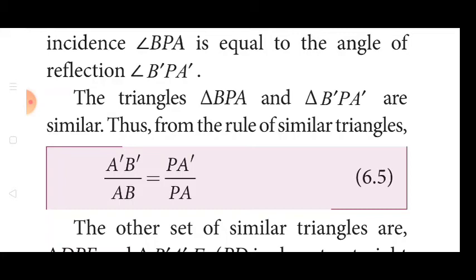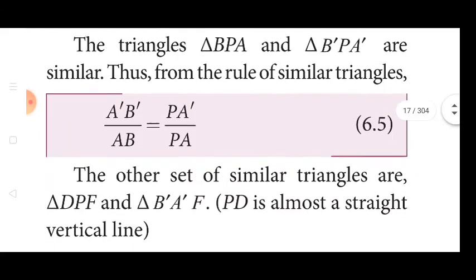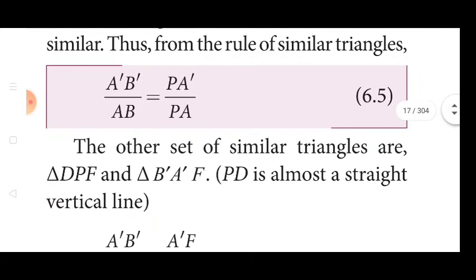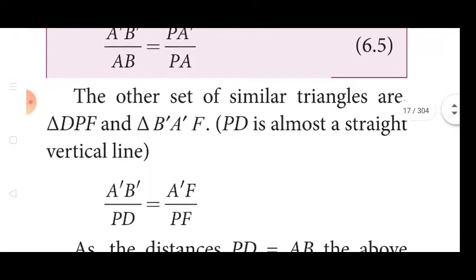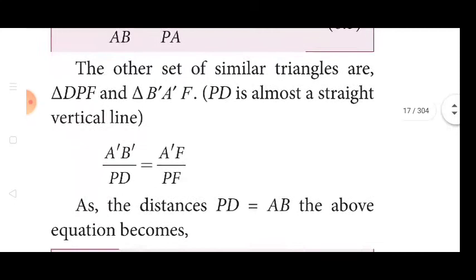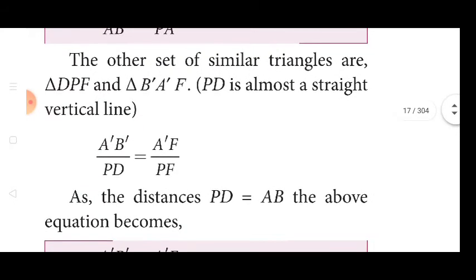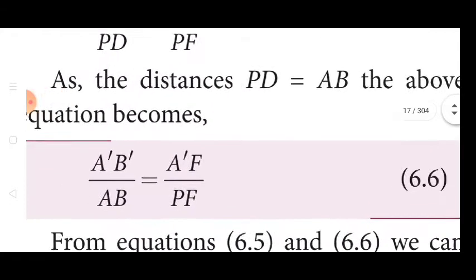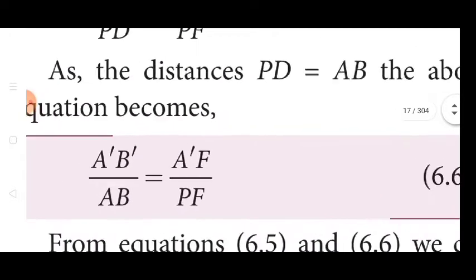The other set of similar triangles are DPF and B dash A dash F. BD is almost a straight vertical line. So, A dash B dash by PD is equal to A dash F by PF. As BD is equal to AB, the above equation becomes A dash B dash by AB is equal to A dash F by PF.